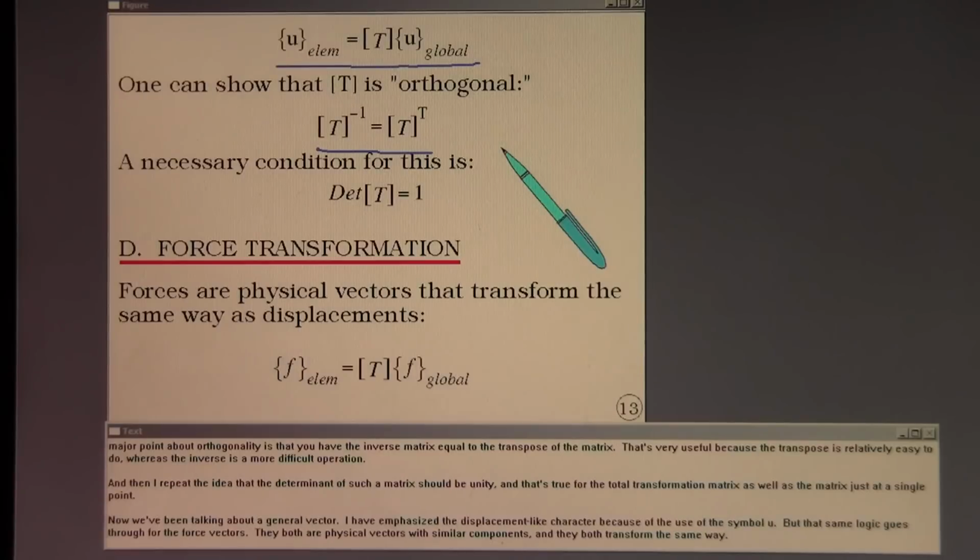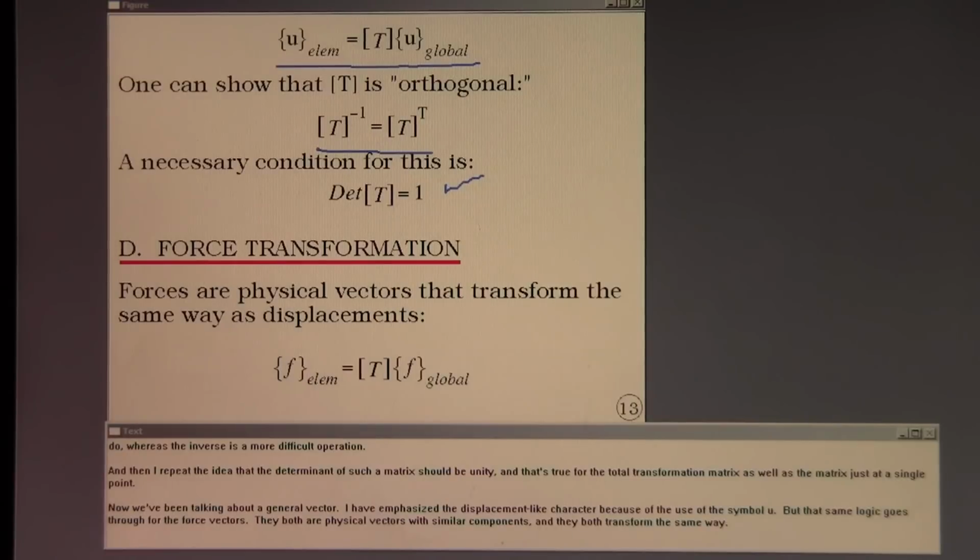That's very useful because the transpose is relatively easy to do, whereas the inverse is a more difficult operation. And then I repeat the idea that the determinant of such a matrix should be unity. And that's true for the total transformation matrix as well as the matrix just at a single point.